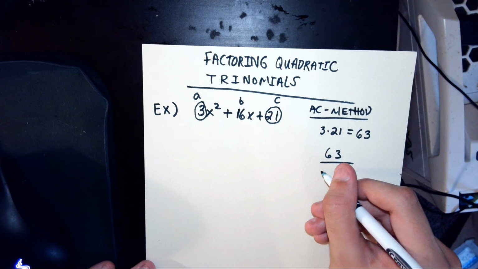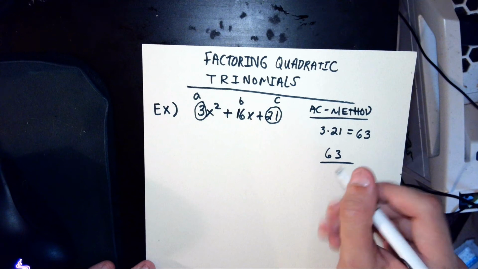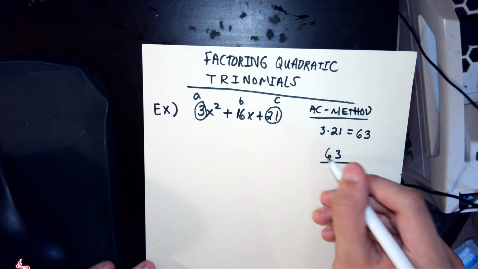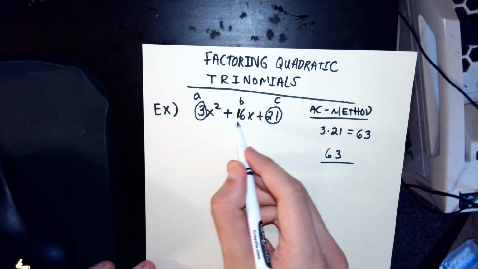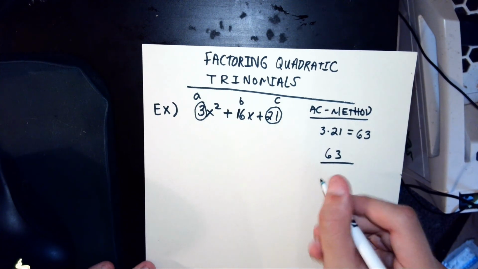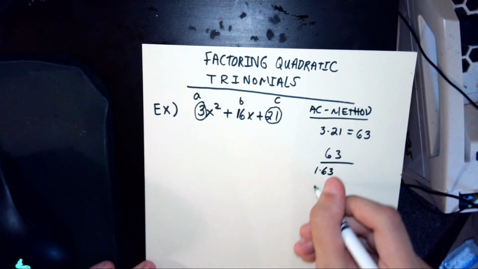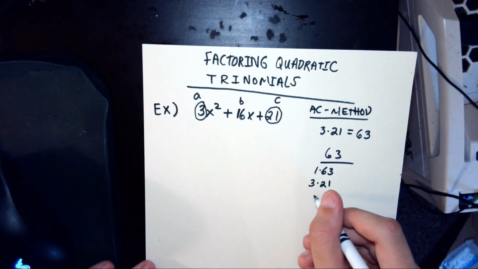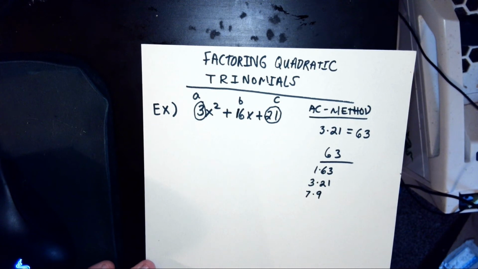One thing we can notice is that we don't really have to consider the negatives, because it would have to be 2 negatives multiplying to give us positive 63, and 2 negatives couldn't possibly add to 16. So really we can only consider the positive options. We have 1 times 63, 3 times 21, and I think the only other one is 7 times 9. Let me do a quick double check on that, but that should be right.